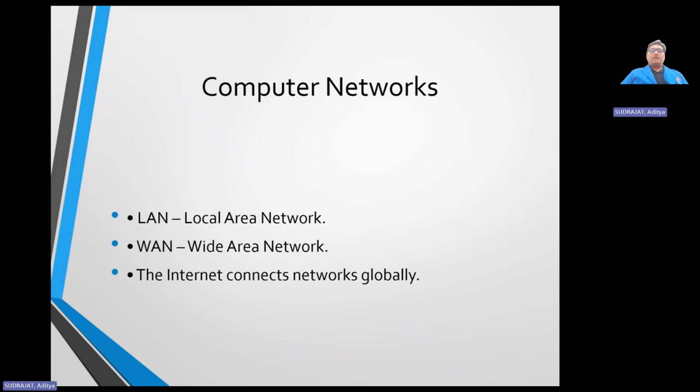The LAN, local area network, is what we use in the office or at home, a small group of networks. A WAN, wide area network, is like the internet but larger, like the connection inside one country, only inside the country. And if the connection spreads globally, we call it the internet.